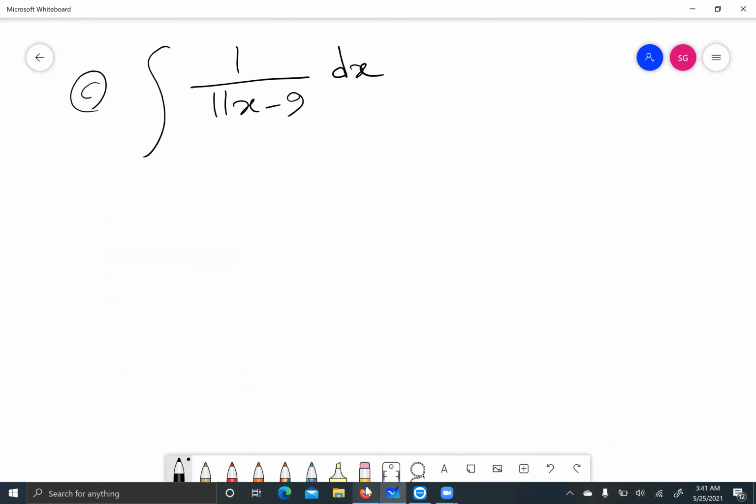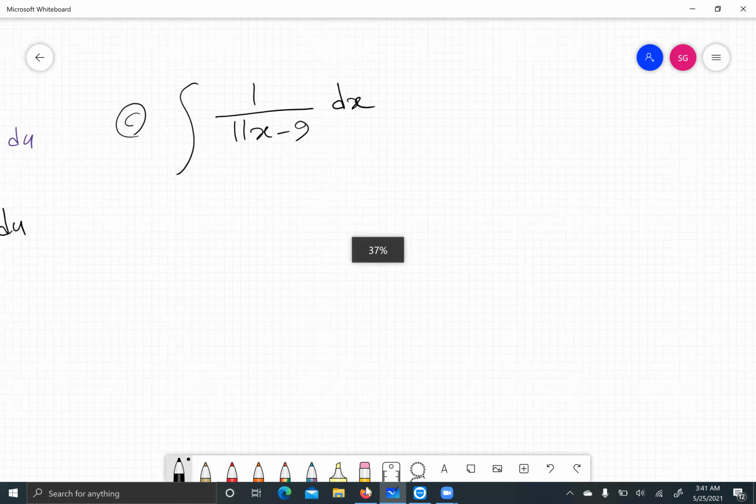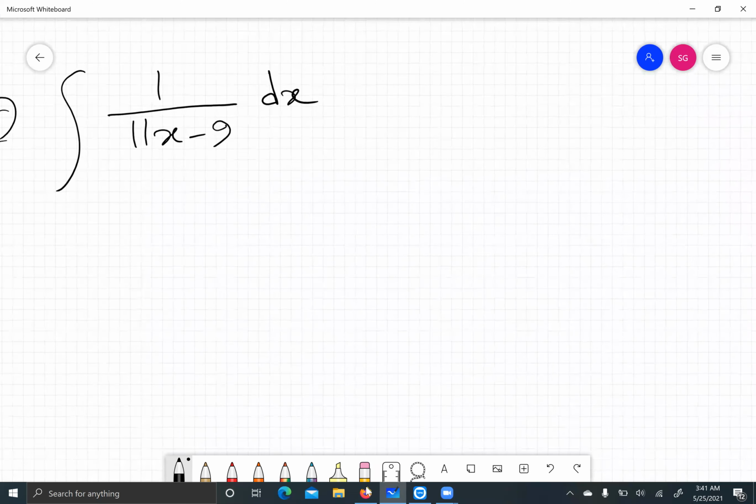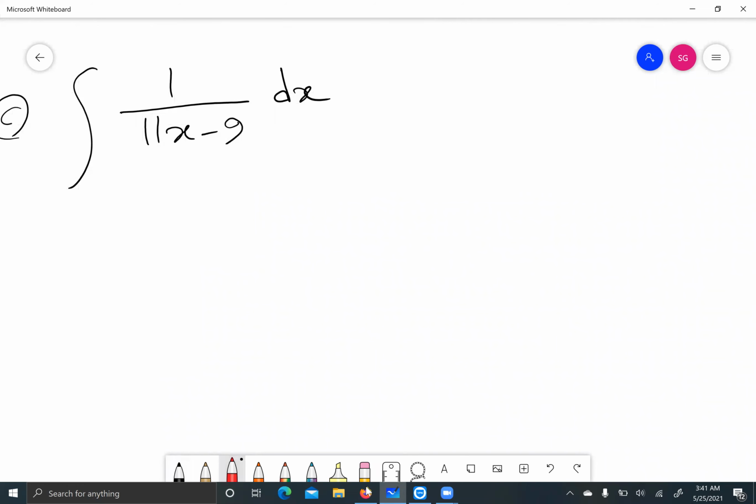Okay, so this is also not one of the basic functions where I can immediately say what the antiderivative is. And this is a composition, but what type of composition? It's 1 over something. So it's a composition of 1 over something, not the variable x, and the inner function is a linear function, 11x minus 9.